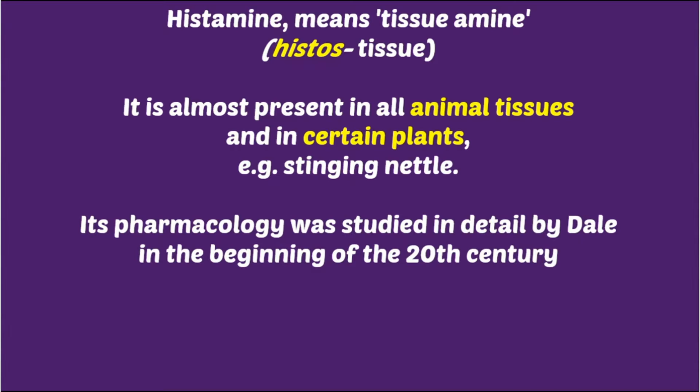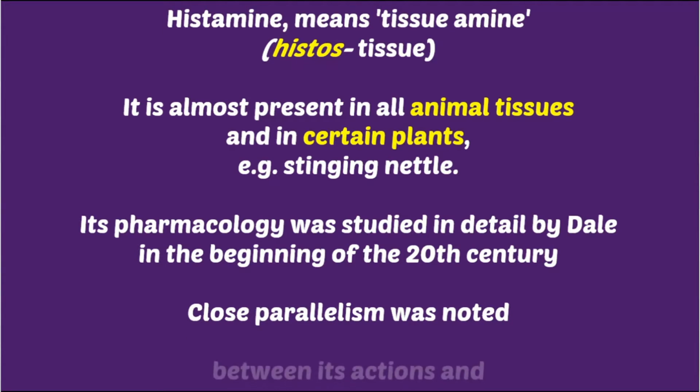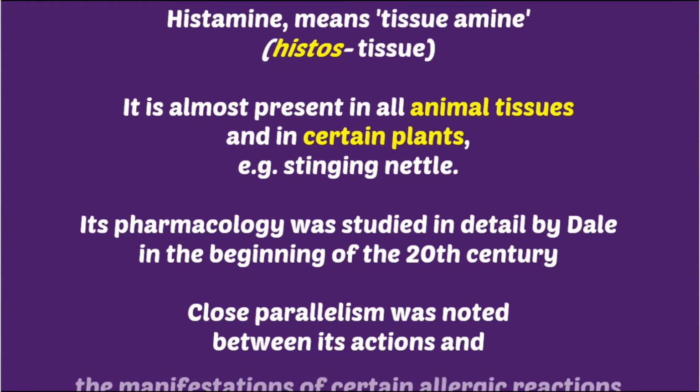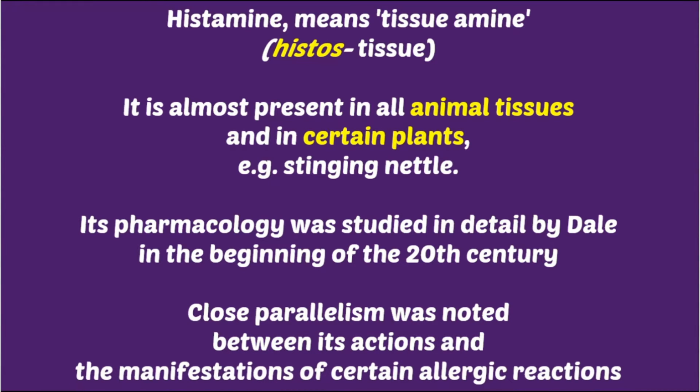Its pharmacology was studied in detail by Dale in the beginning of the 20th century. A close parallelism was noted between its action and the manifestation of certain allergic reactions. So the point is, when Dale studied the pharmacology of histamine, he found that the manifestation of allergic reaction and the pharmacological action of histamine both have a close relationship.